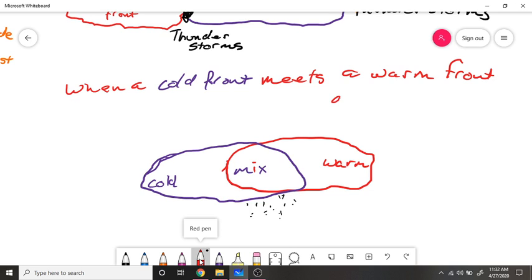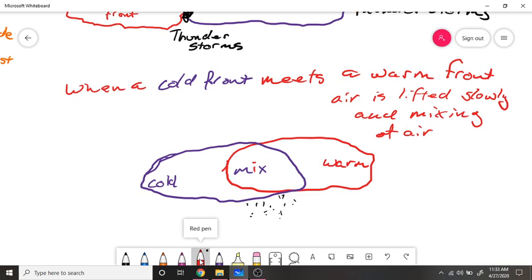The air is lifted slowly. Mixing of the air masses occurs. And we get rain over a wide area.